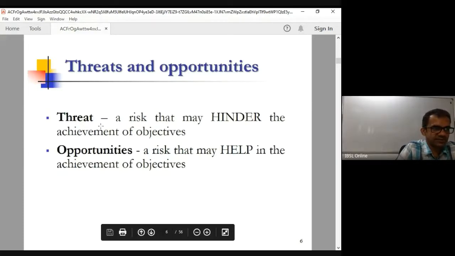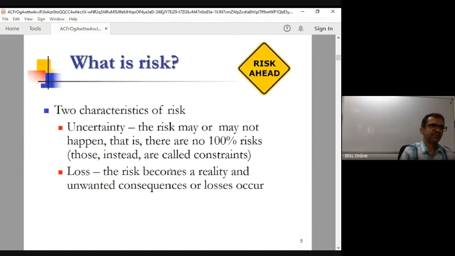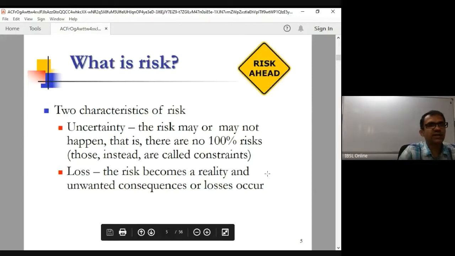So remember the difference between threat and opportunity, and that risk is not a loss. Loss is the realization of that uncertainty. Uncertainty is the risk. Since we don't know what would happen, that is the risk we face. If that happens, the loss that we incur is the outcome.